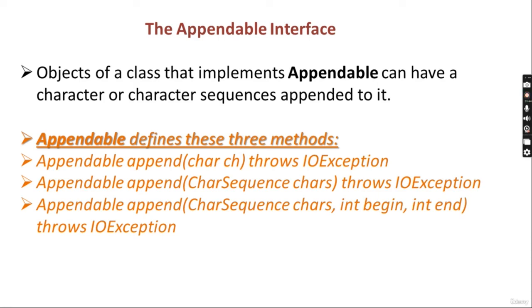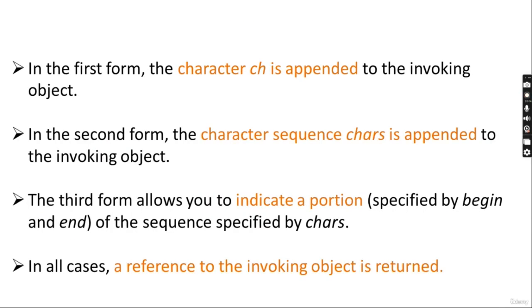Now we will see the Appendable interface. Objects of a class that implements Appendable can have a character or character sequences appended to it. Okay, so those objects can be appended with a new single character or a group of characters. So it has three methods: Appendable append(char ch), Appendable append(CharSequence chars), and Appendable append(CharSequence chars, int begin, int end), and all three throw IOException.